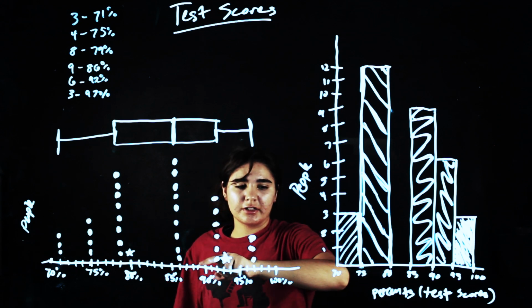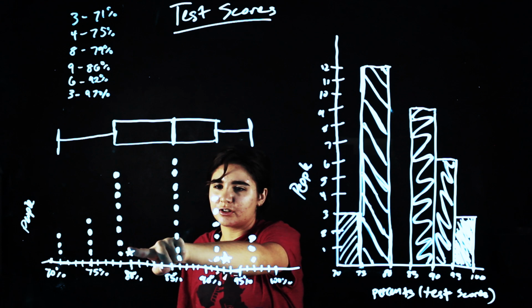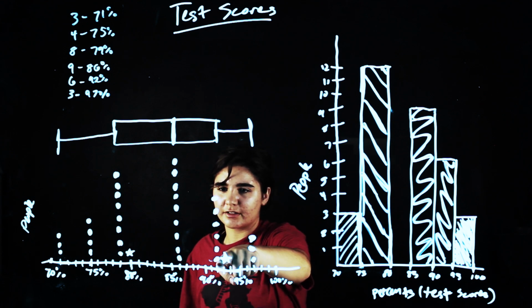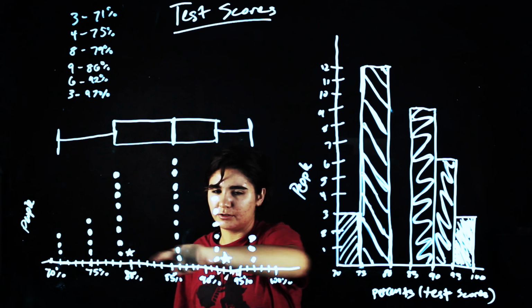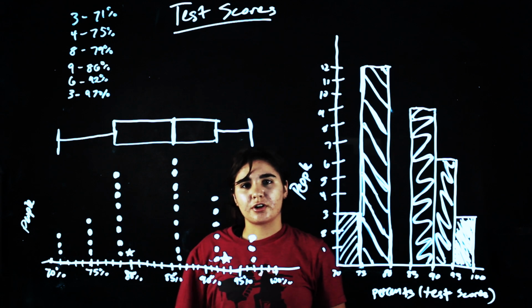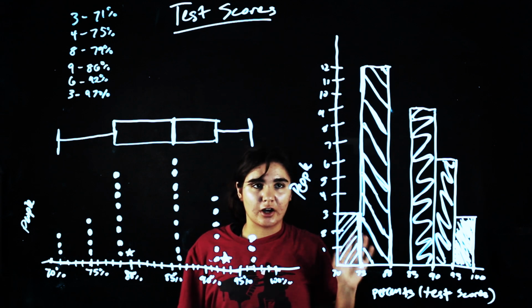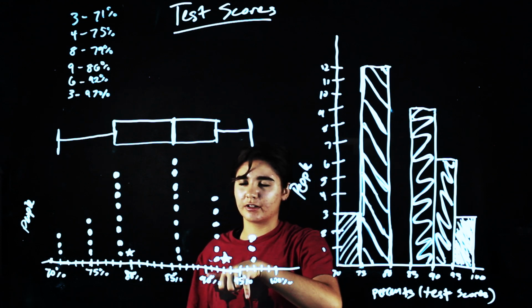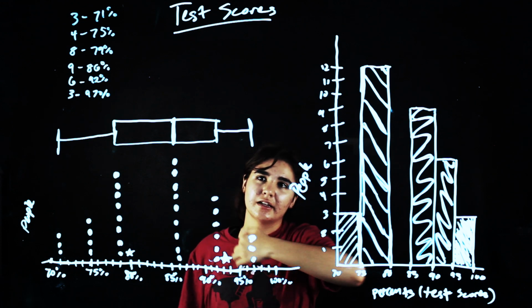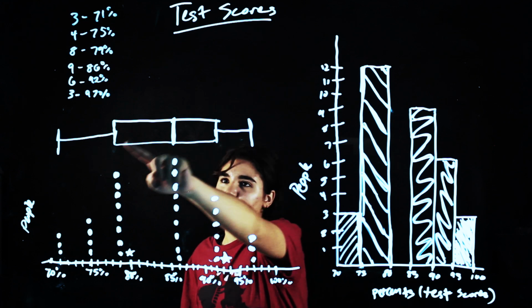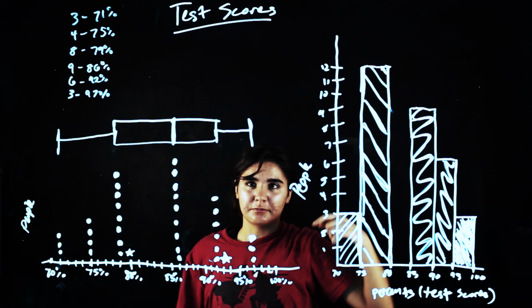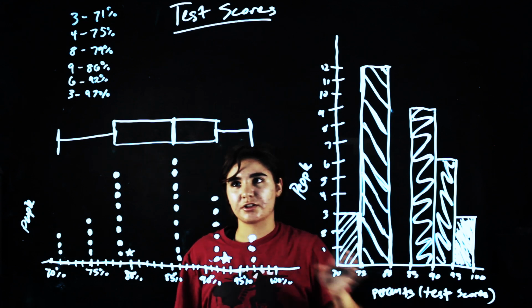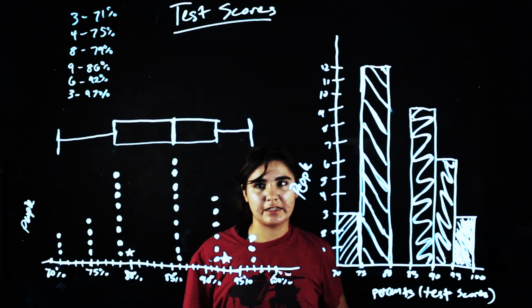And you might have noticed that I drew little stars here next to this dot and then also next to this lower dot. And those are the medians of the upper half of the data set and the lower half of the data set. And that's where these lines are. These lines represent the median of the upper range and the median of the lower range of the data.